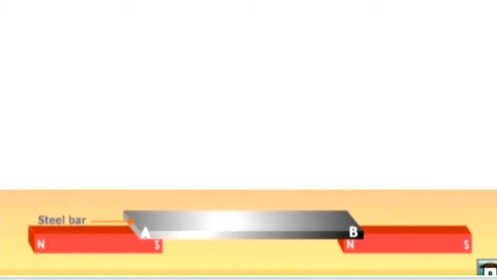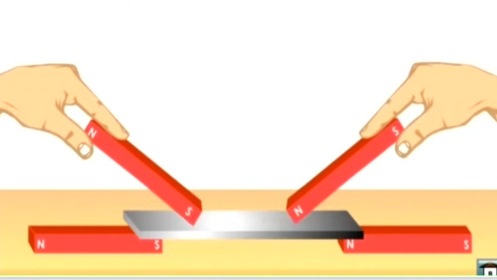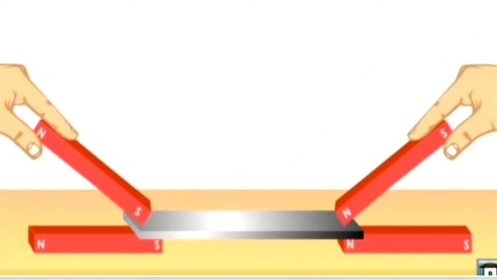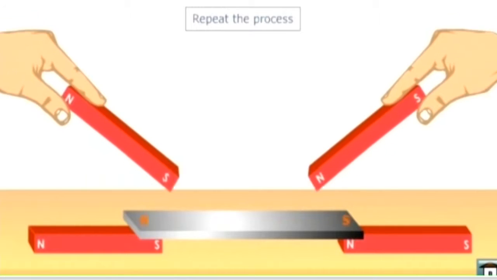See here, we have a steel bar, and then we have two bar magnets that are being dragged on the steel bar. This method of magnetization is called the double stroke or double touch method, because we are using two magnets and we are pulling the magnets away from one another. We have to repeat the dragging process on the bar so that it attains magnetism.